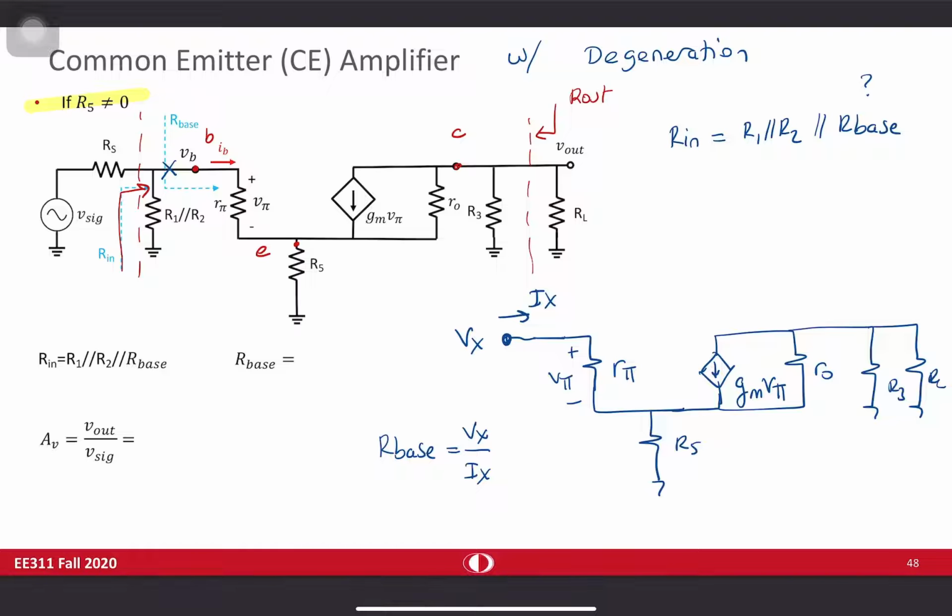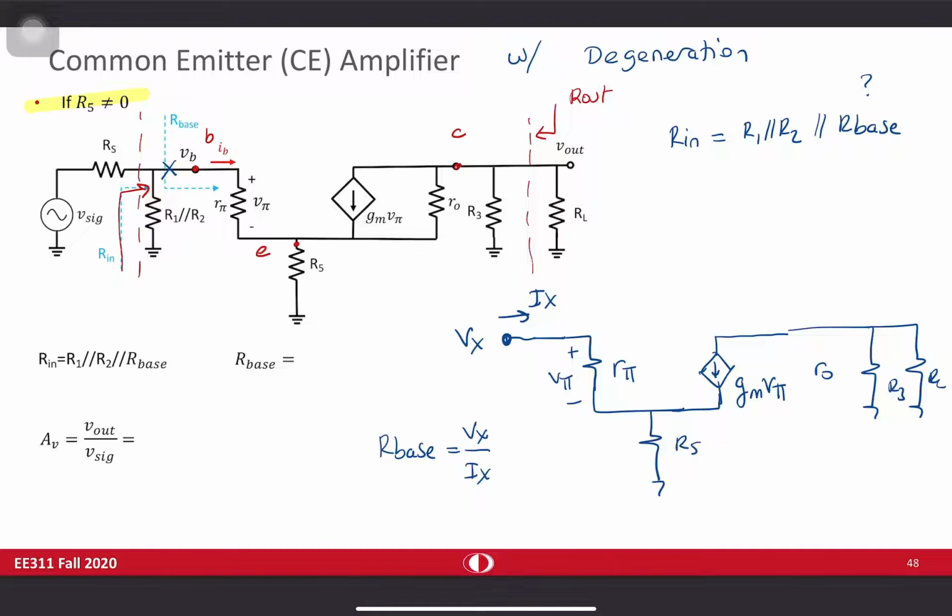In this schematic, this R0 is making things complicated. And remember that for AV and Rin calculation, if R0 creates mathematical complexity, you can ignore it. So I'm going to ignore it. I'm not going to put R0 in here because I am dealing with the input resistance.